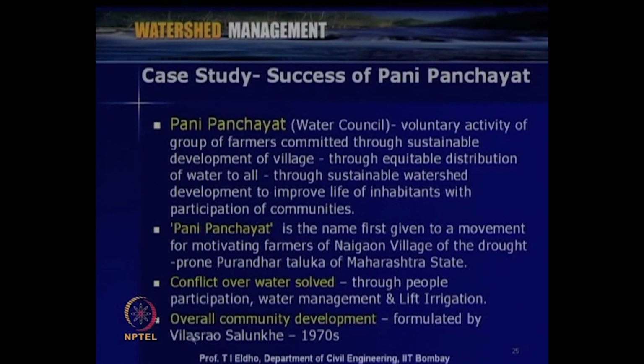Here a social reformer called Vilas Rao Salunkhe came to this particular area in 1970s and started this project called Pani Panchayat. So, here through various interventions he tried to sort out the conflict over water, and then he tried to implement various watershed management practices like water harvesting, then lift irrigation, and then people participation in various developments of the area.